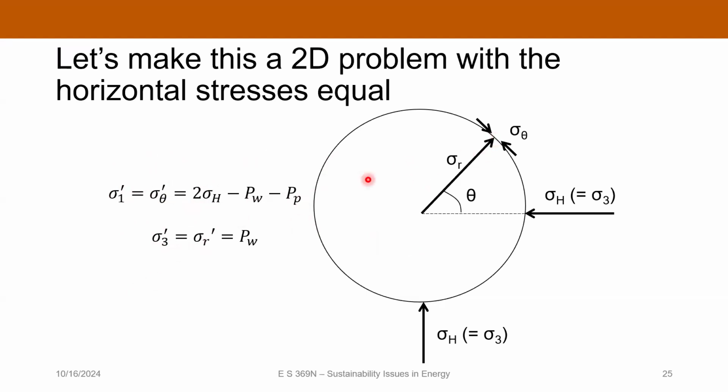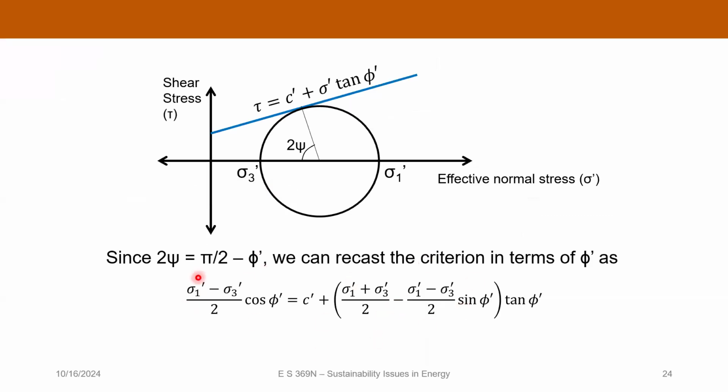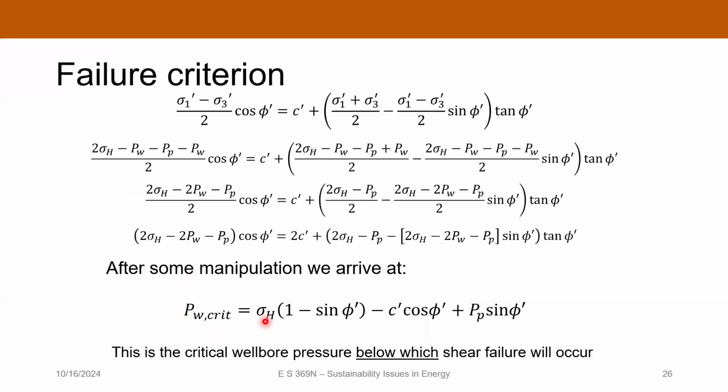And so if you plug in these expressions to this equation here and solve for the wellbore pressure, you end up with this one here. And so this gives us the critical wellbore pressure at which we'll start having shear failure on the wellbore wall. And so this would be the minimum permissible wellbore pressure. And below that, we are going to start having shear failure.